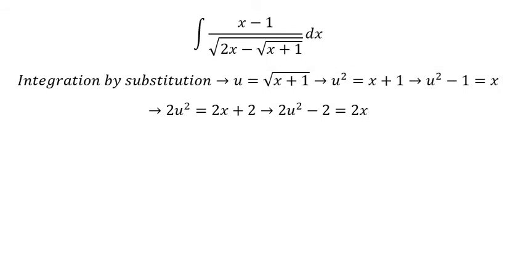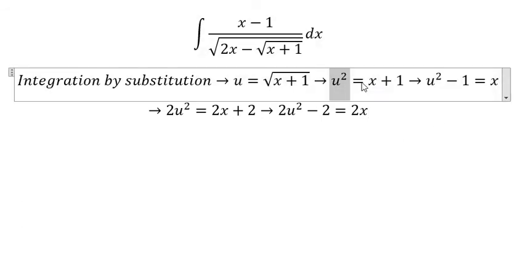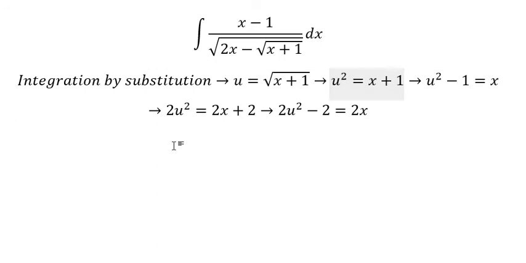The last one, we do first the derivative of this one, and we got 2u du equals dx.